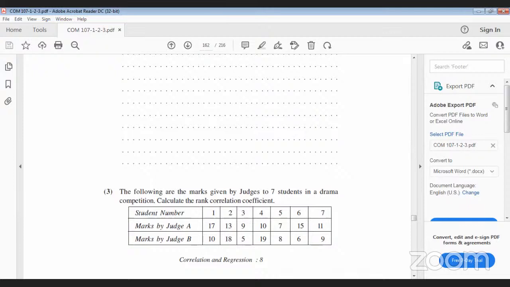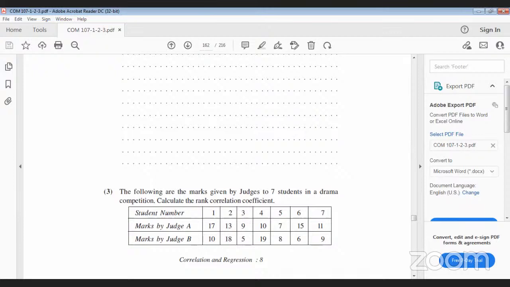Judge A has given 17, 13, 9, 10, 7, 15, 11. Marks given by judge B are 10, 18, 5, 19, 8, 6 and 9.